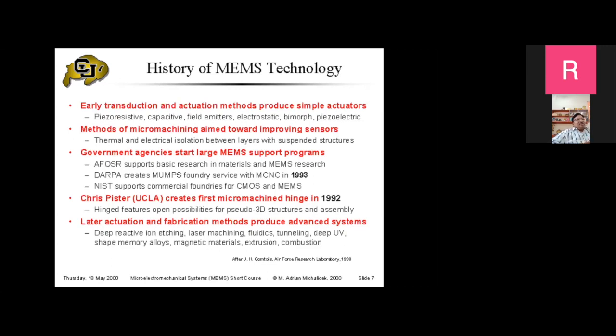So I have put in the historical development the role of the government. Many of these are for strategic and defense applications. So the defense agencies are very much interested to develop this and fund these programs. The government of the US has played a big role in development of these MEMS structures.